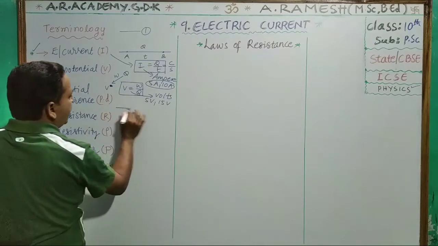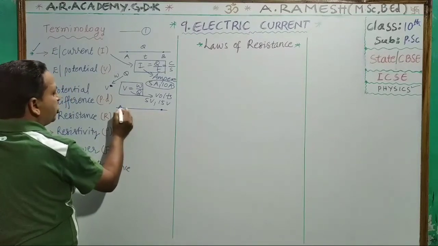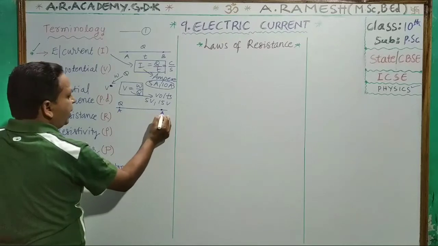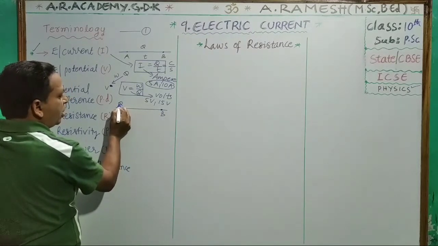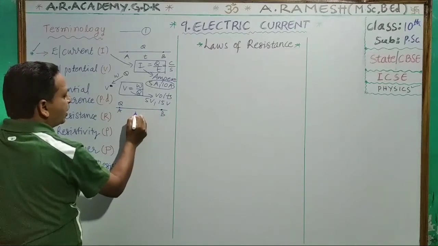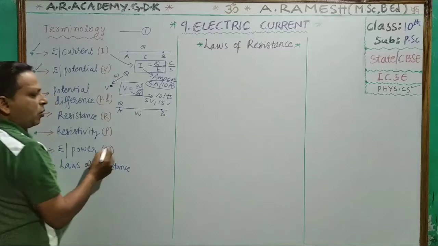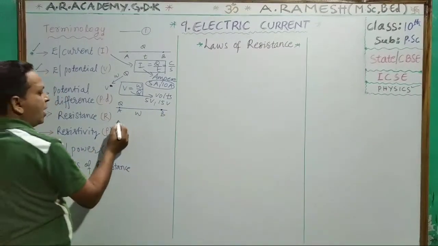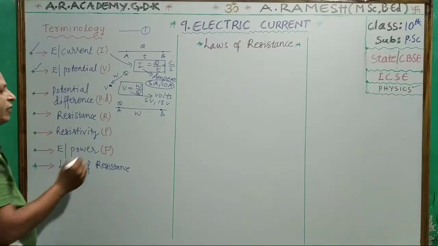Potential difference. Look here, these are the 2 points. In moving charge Q from one point A to B, how much work you are doing, that is called potential difference between these 2 points. In another way also we will define the potential difference.